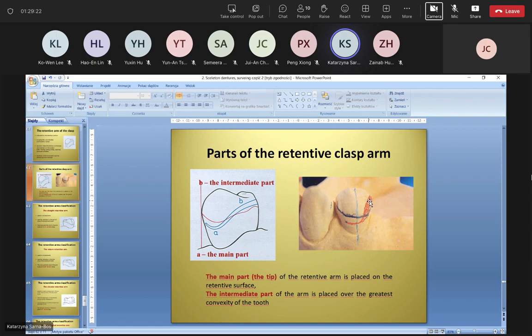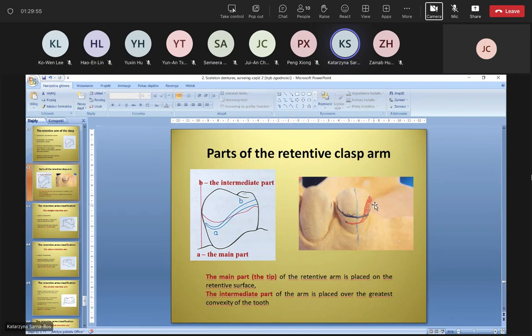So once again, remember, we've got the clasp unit, which consists of two arms, retentive arm and reciprocal arm. The retentive arm consists of two parts: the main part, which is placed below the cervical line, so it is placed on retentive surface, and the intermediate part is placed above the cervical line, and it is placed over the greatest convexity of the tooth.